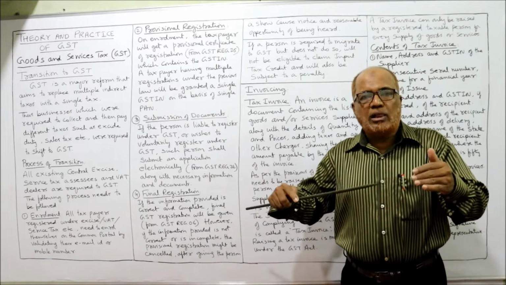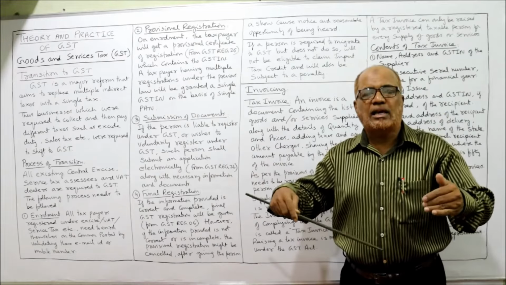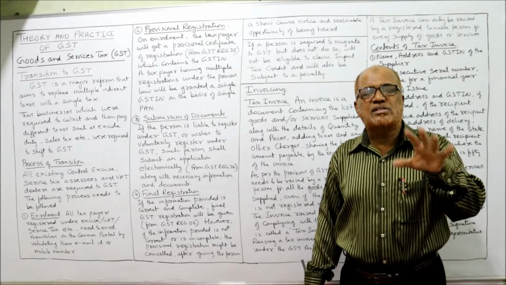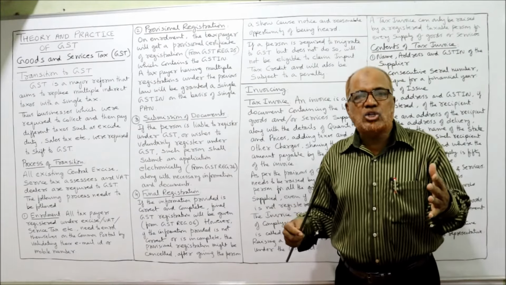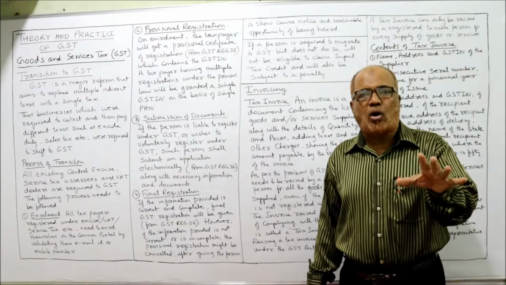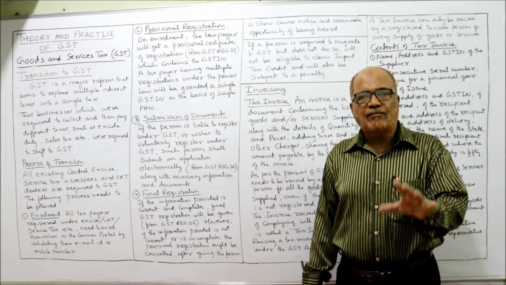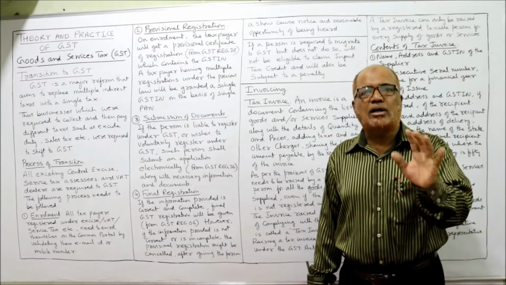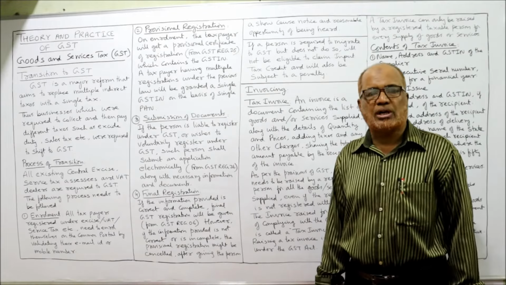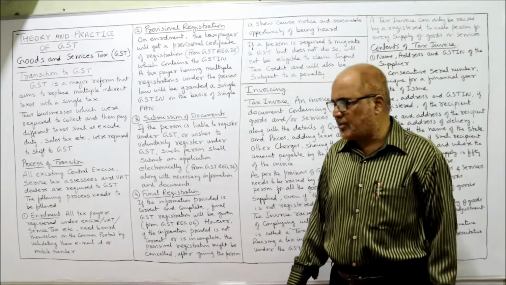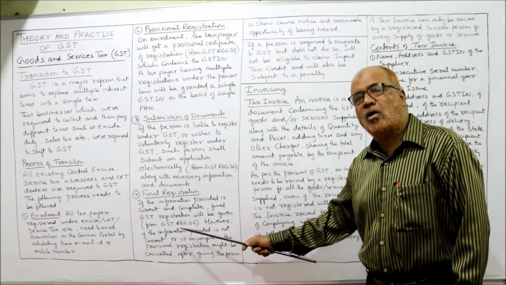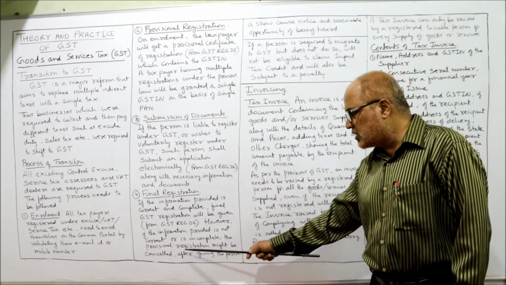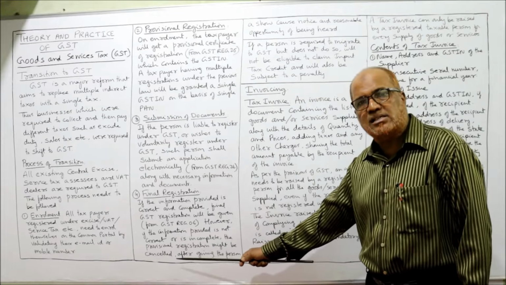So after getting all the documents and all the information, the proper officer will scrutinize and check whether everything is in order or not. If completely everything is in order, then he will give the final registration. However, if the information provided is not correct or is incomplete, the provisional registration might be cancelled.